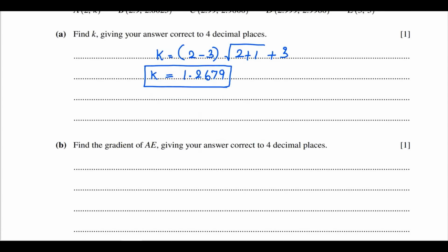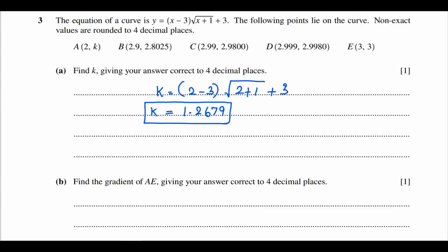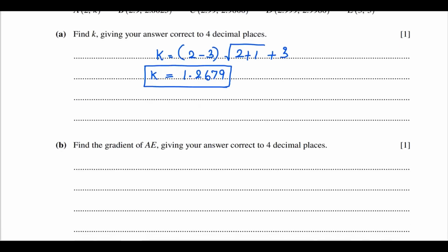Next part of the question is find the gradient of AE, giving your answer correct to 4 decimal places. So AE, y2 minus y1 is 3 minus 1.2679.